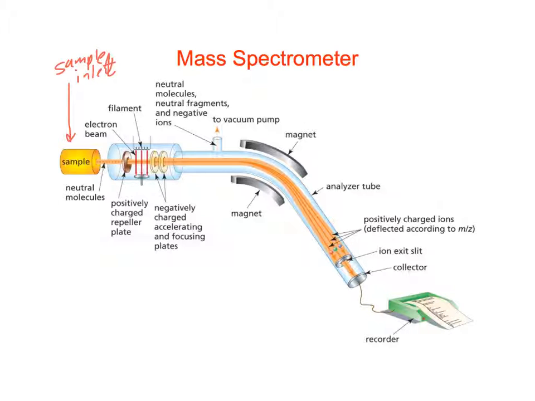All right, so what we do is we have to volatilize the sample, so it has to evaporate, it's under vacuum, and it goes into what's called the ion chamber. Okay, and so they're neutral at this point. So they just kind of float into this chamber because it's all under vacuum, and then we have this filament where a voltage is placed across here, and it essentially shoots electrons across this gap.